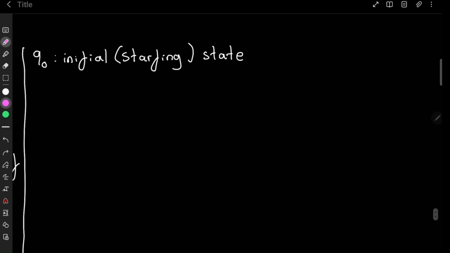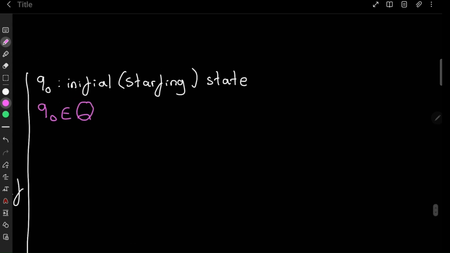The next notation is Q0, which stands for the initial state, the starting state. For DFA, Q0 is basically Q0 because our initial state is Q0.